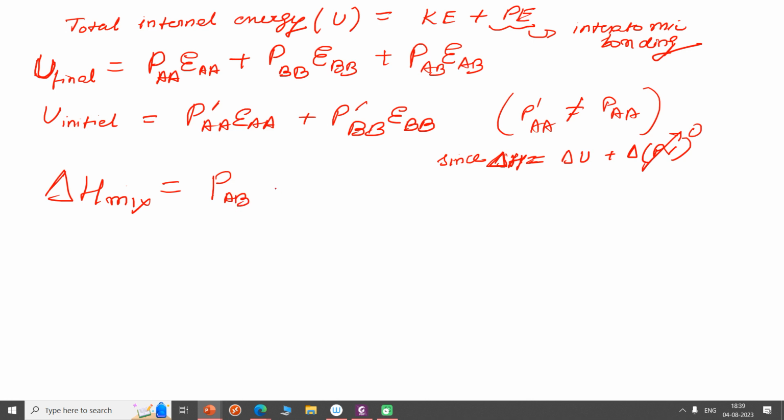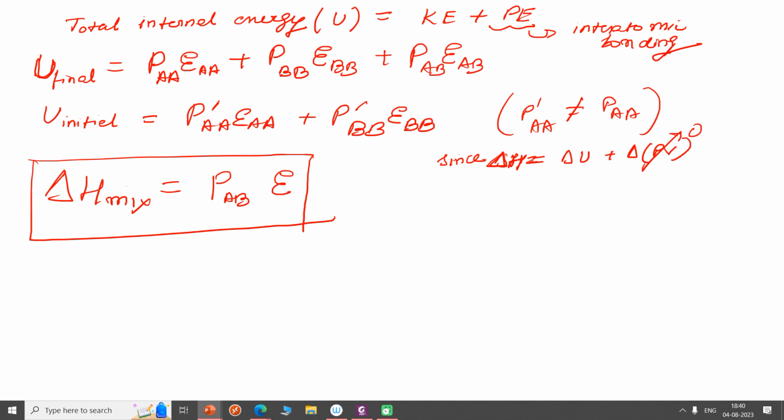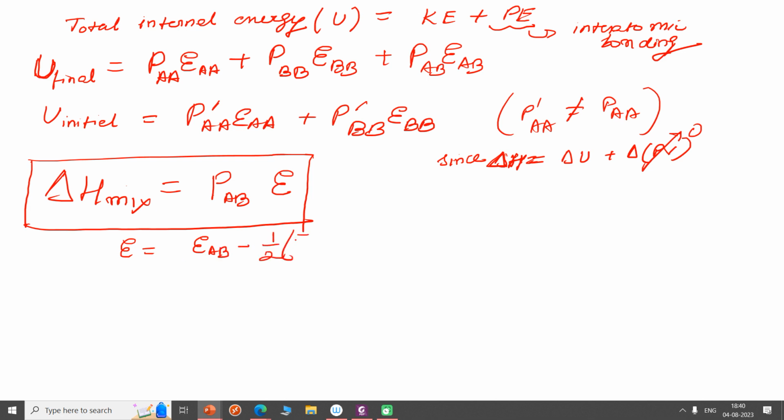PAB times E. There is a derivation wherein we actually get the difference in terms of epsilon AB and epsilon AA and epsilon BB, but for the sake of conciseness, I have skipped that part, because you can go ahead and subtract these two and you will end up with this term E, where E is the change in the bond energy between the AB bonds and the average of the homo bonds.